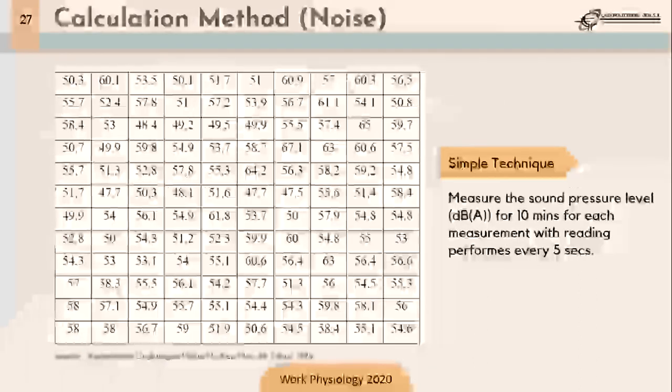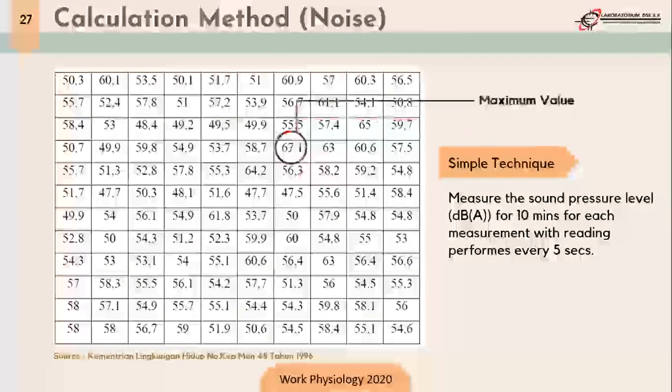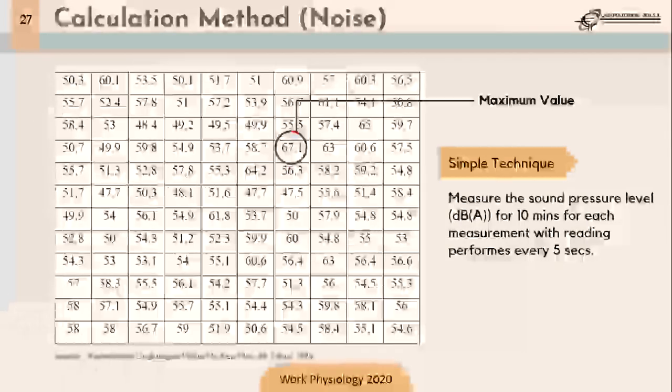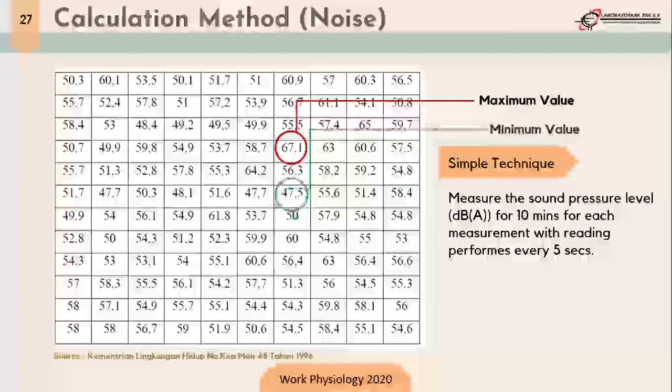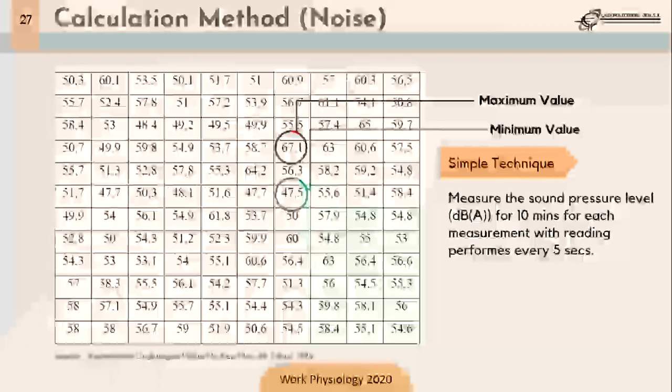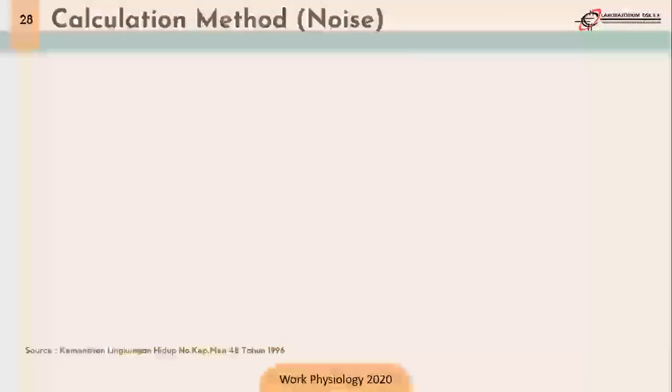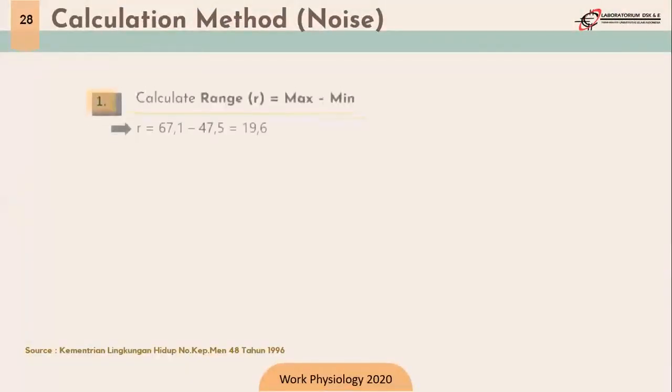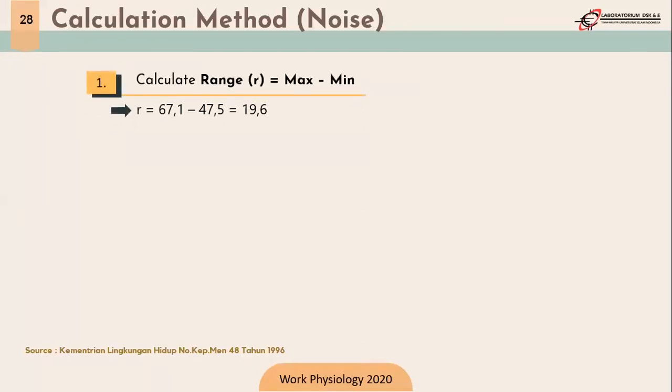And after that we should determine the maximum value and the minimum value of those data. Then from that, we get the range by calculating maximum value minus minimum value, and we get the R naught value of 19.6.